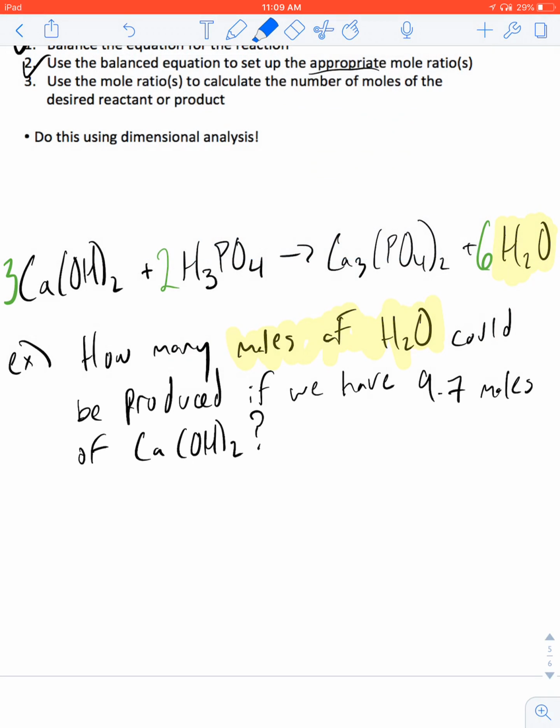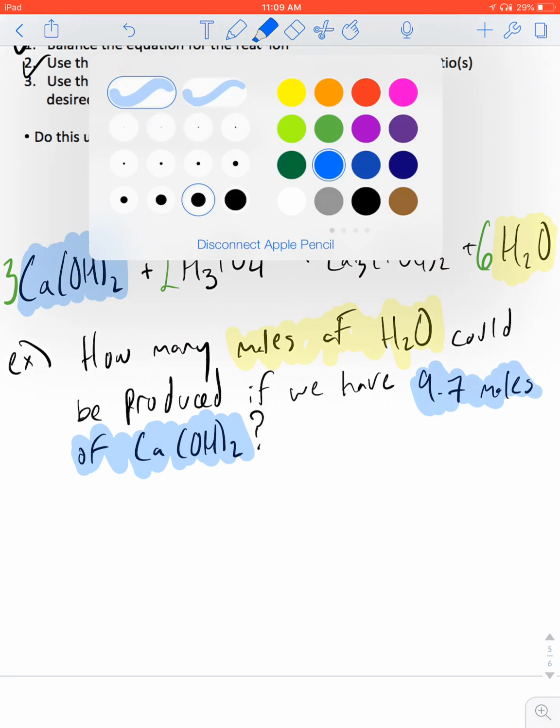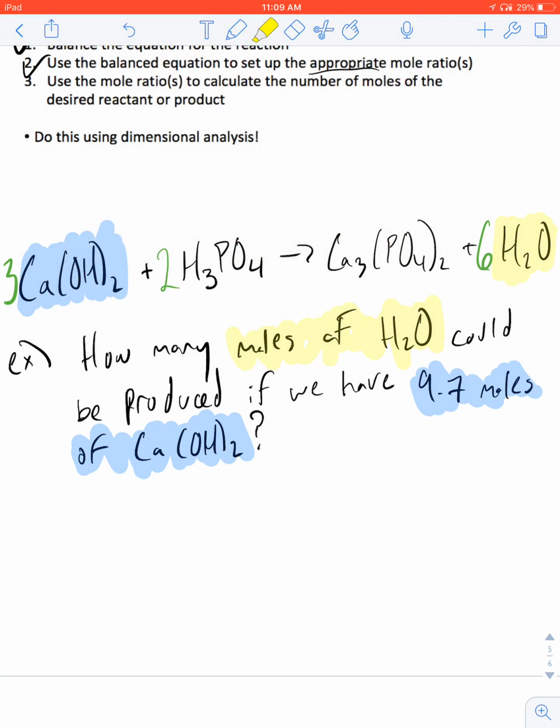Then I keep going through, and I see 9.7 moles of calcium hydroxide. So I know we're starting with 9.7 moles of calcium hydroxide. And I know we want to end up with number of moles of water, H2O.